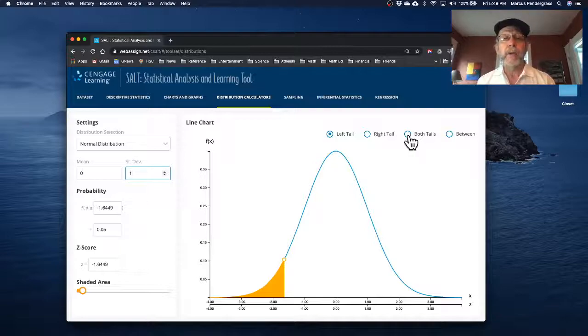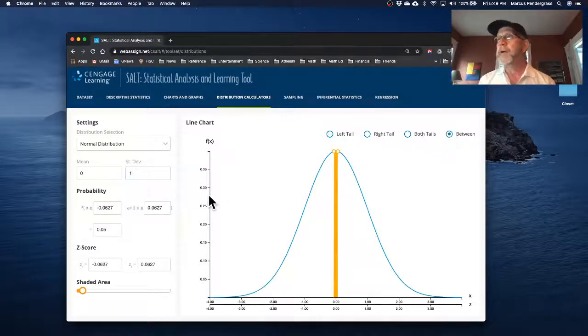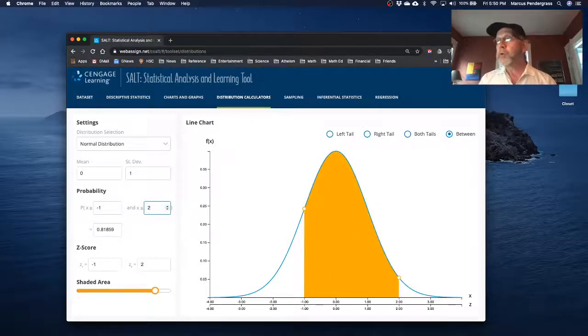So to do a problem, you would simply recognize first of all what kind of problem you have. If I've got, for instance, an in-between problem in which I'm trying to find the proportion of a standard normal distribution that lies between -1 and 2, I would just use the tool that way, and you read off the proportion right down here, and that turns out to be about 81.9%.